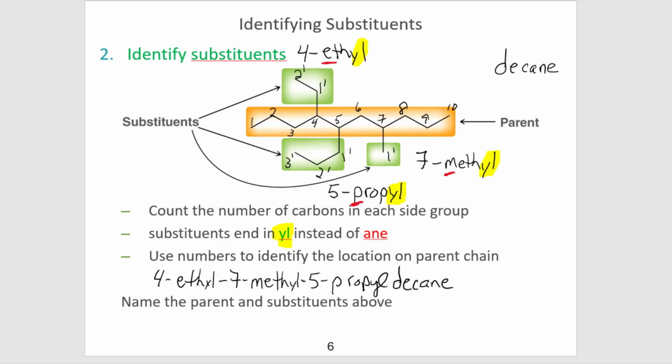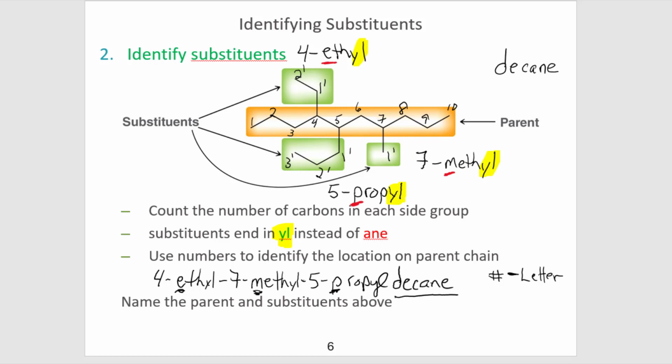Now, I want you to notice a few things here, right? So we did alphabetical order, E, M, P. The parent chain always goes at the end. You also notice that I used hyphens. Whenever you're separating a number from a letter, you're going to use a hyphen.